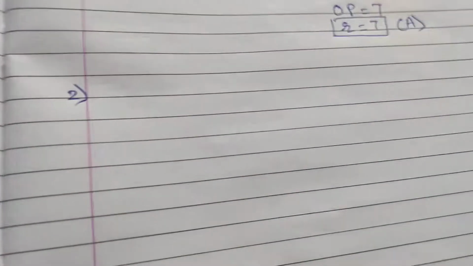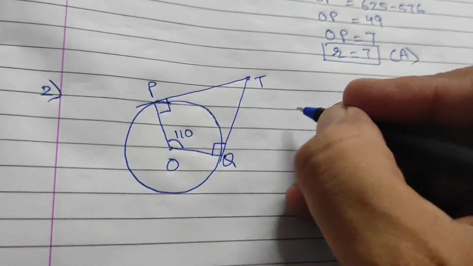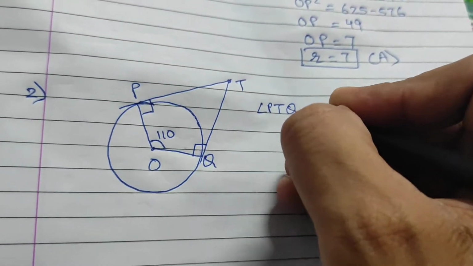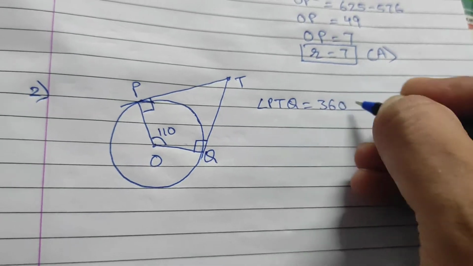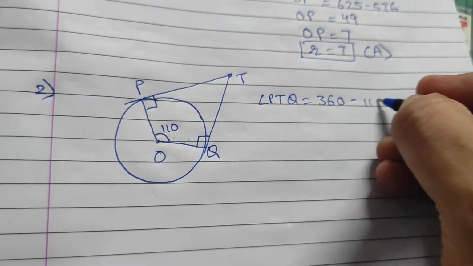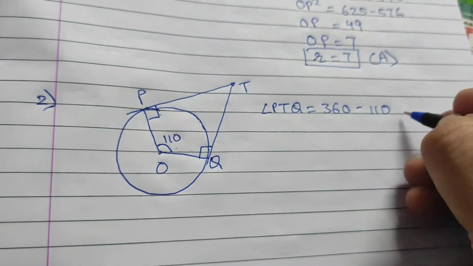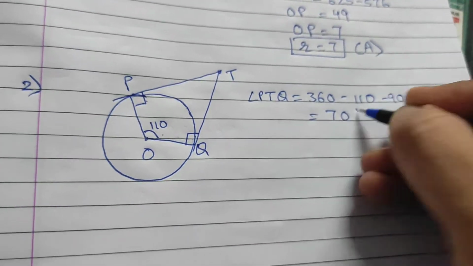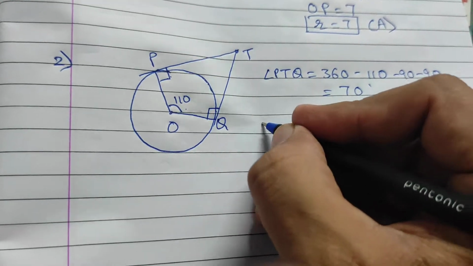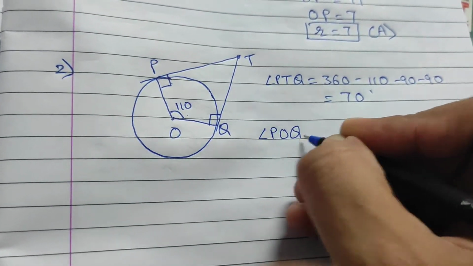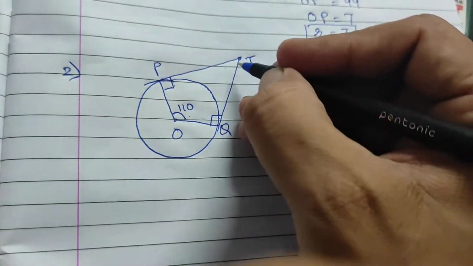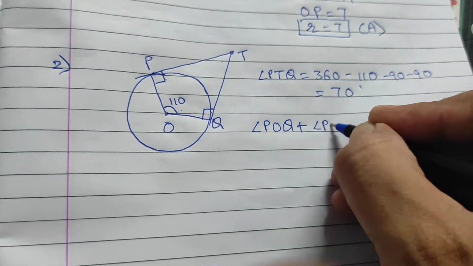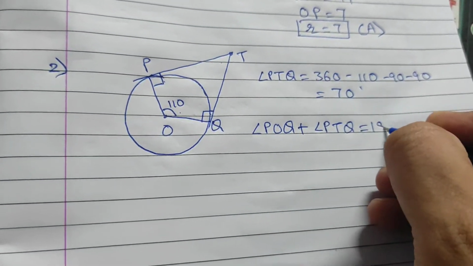I will just show you in my notebook. So the first way of finding angle PTQ is 360 minus 110 minus 90 minus 90. That comes to 70. The second way that you should remember is the angle between the two radius and the angle formed between the two tangents are always supplementary.